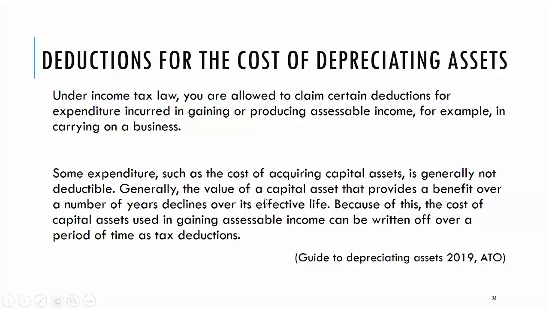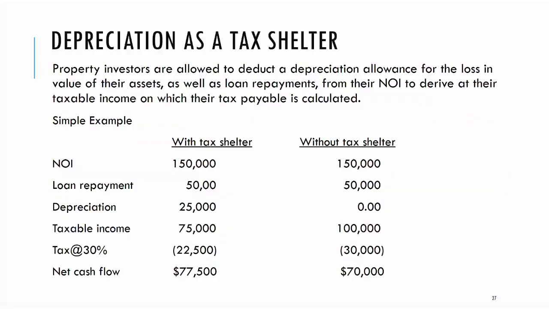Generally, the value of capital assets that provide a benefit over a number of years declines over their effective life. Because of this, the cost of capital assets used in gaining assessable income can be written off over a period of time as a tax deduction. Example.